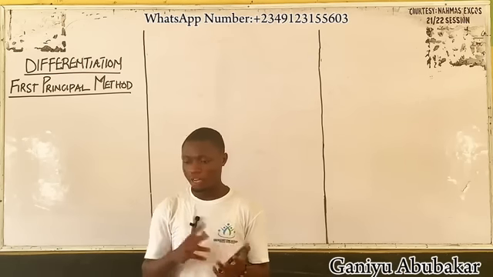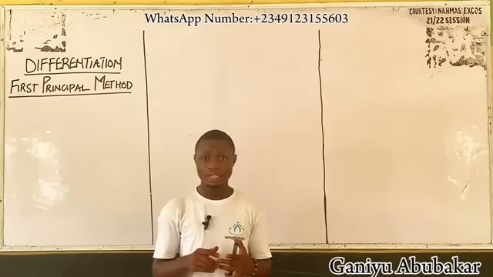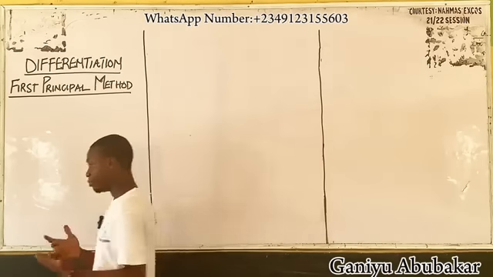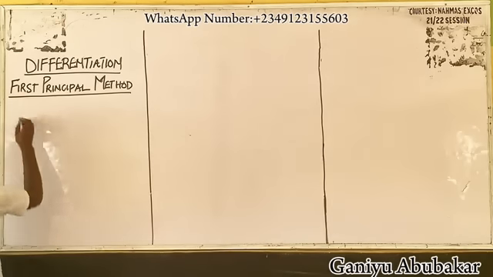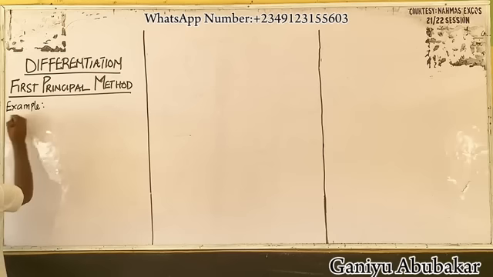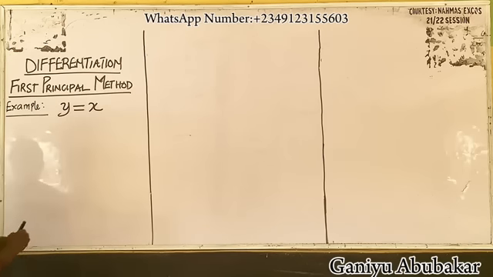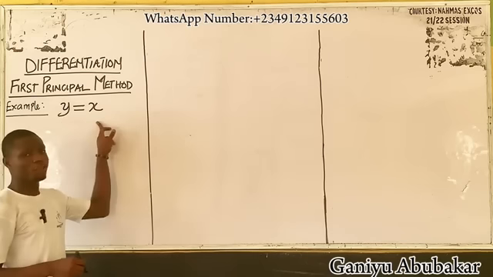Let's do a few problems and see how we can evaluate them using first principle. Let's take an example. Let's say I have that y is equal to x. I'm told to differentiate this using first principle.